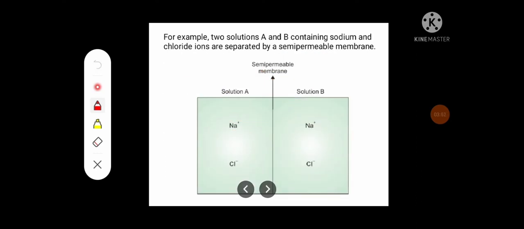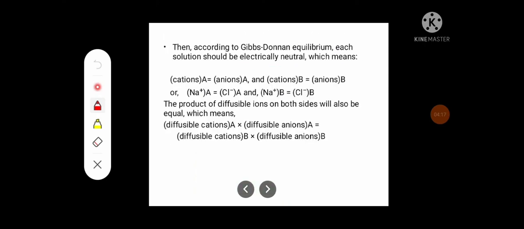For example, two solutions A and B containing sodium and chloride ions are separated by a semi-permeable membrane. The concentrations of sodium and chloride are equal in solutions A and B, so the numbers of anions and cations are equal to each other.